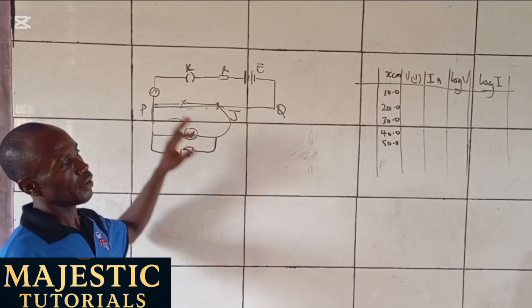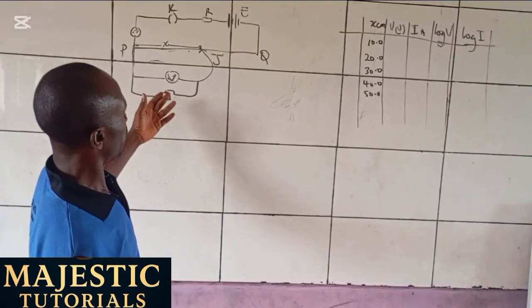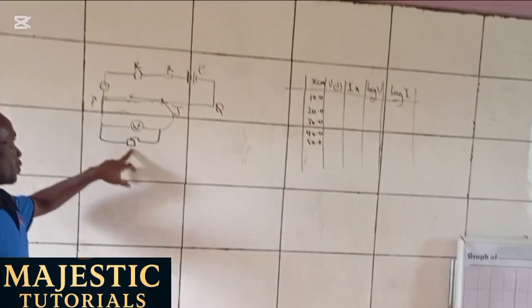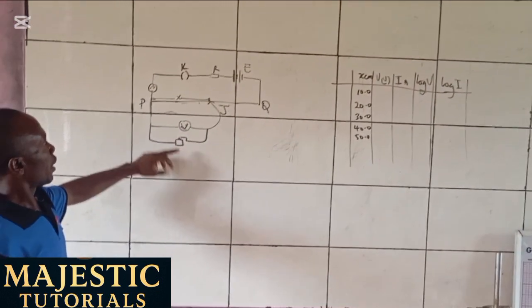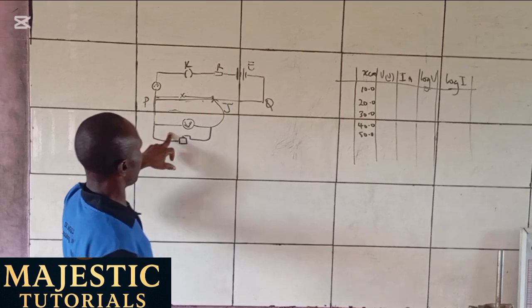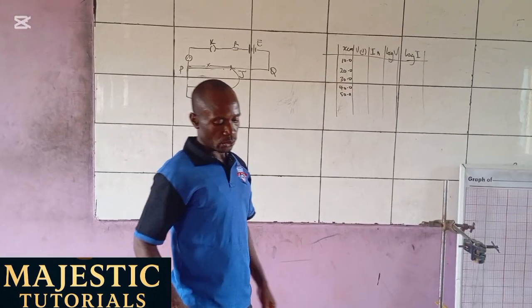Once you have ammeter, you have voltmeter, you connect voltmeter in parallel. That's what we have done. So, okay. This is the rheostat symbol. And then every other thing that looks like a straight line, whether it's curved or whatever, is the connecting wires. We are going to do the connection.